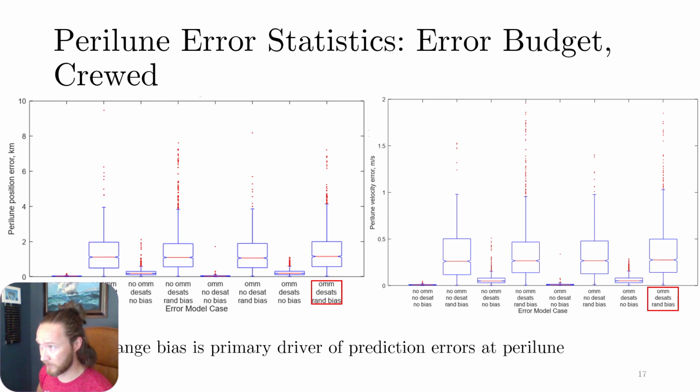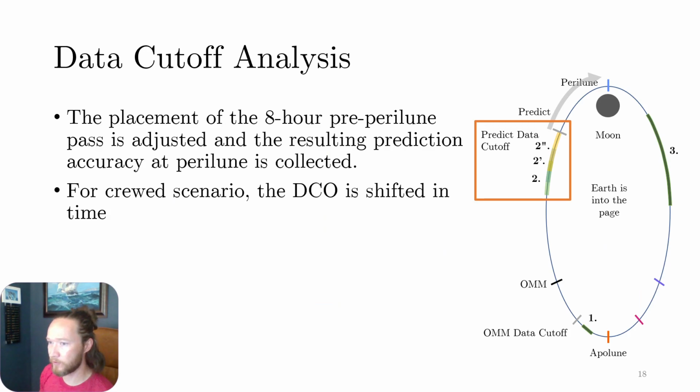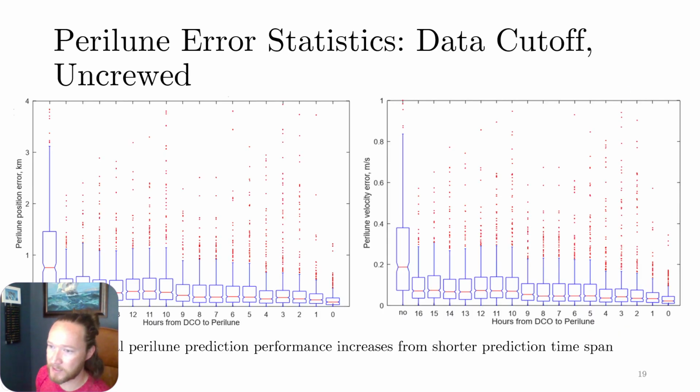The other analysis we looked at that we'll be talking about today is moving this pass, the number 2 pass, around for uncrewed, or just moving our data cutoff backward in time or forward in time when we're crewed. When we're uncrewed, if we skip that pass entirely, because we don't have any tracking data that rectifies the orbit maintenance execution errors, we can expect, under the modeling of the simulation, these position and velocity errors.